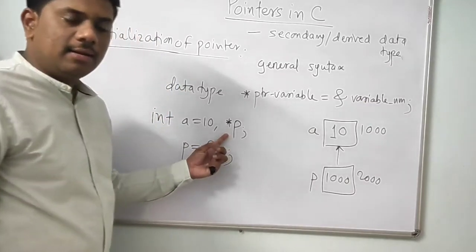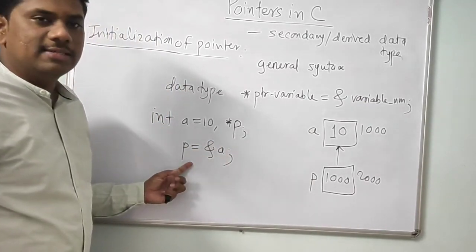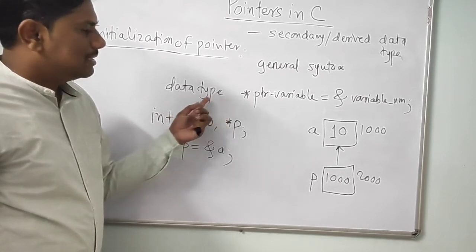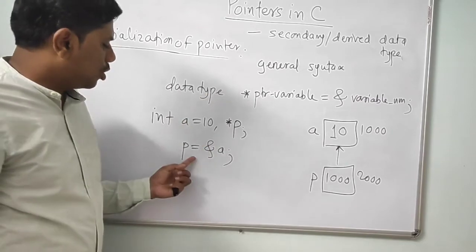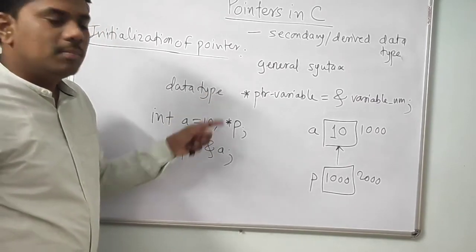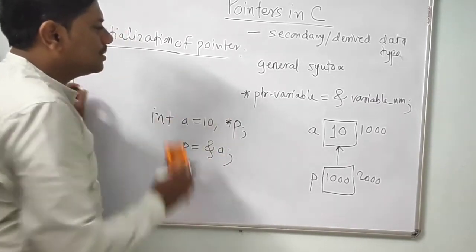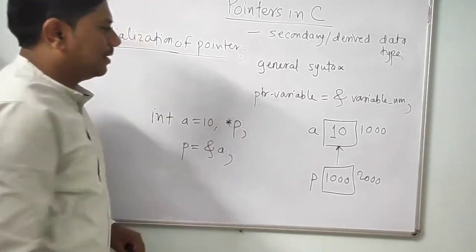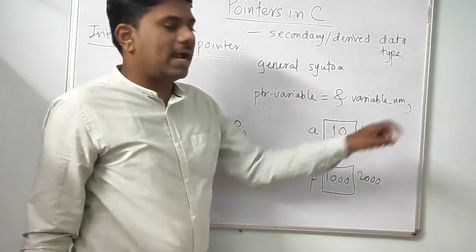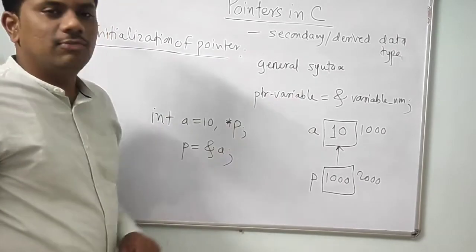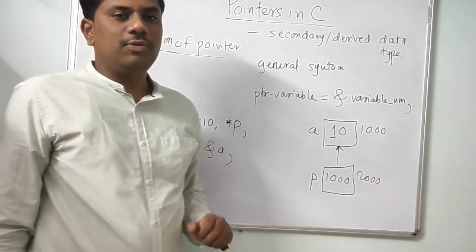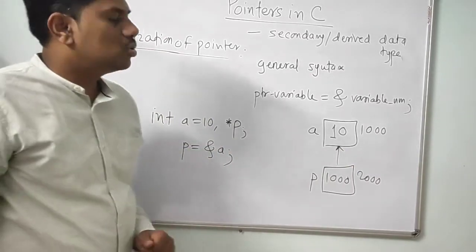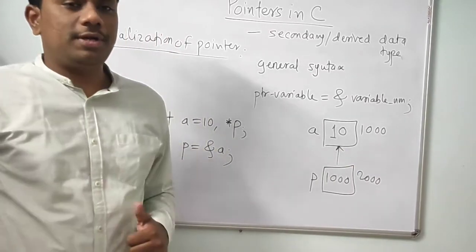Here you can declare the pointer and here you can initialize the pointer. So in this case the syntax will be different. The data type is not there. If you have already declared the pointer, this data type and star will not be there. Only the pointer variable, equal to, and the variable name. So p equal to and a. Same demonstration will be there. So this is the initialization of a pointer variable.